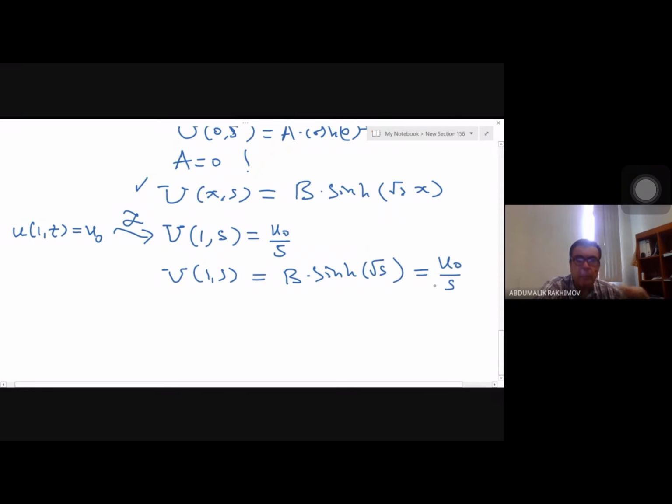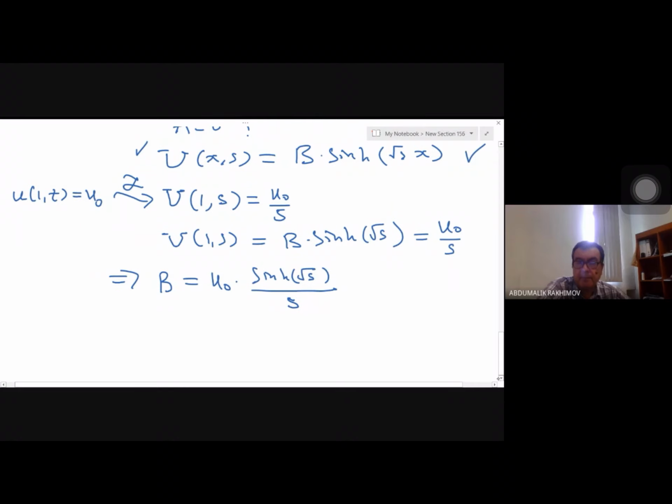Now I can find b. From this, b is equal to U0 over s times sine hyperbolic root of s, with the sine hyperbolic in the denominator. Clear? This is b.